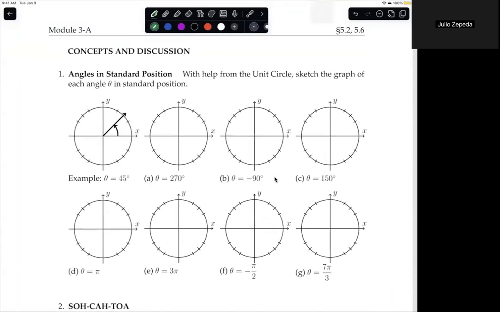If we want an angle in standard position, then that means that the initial side is here at the positive x-axis, and we rotate until we get to the angle measure that we're being asked for.